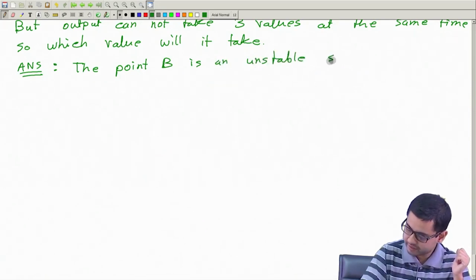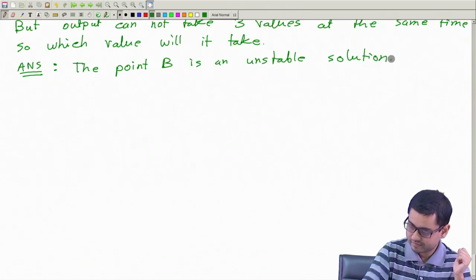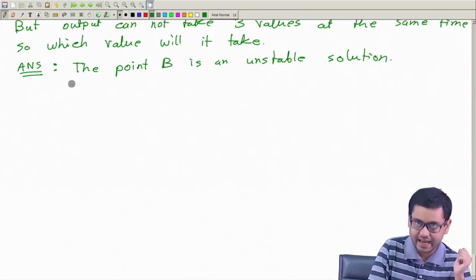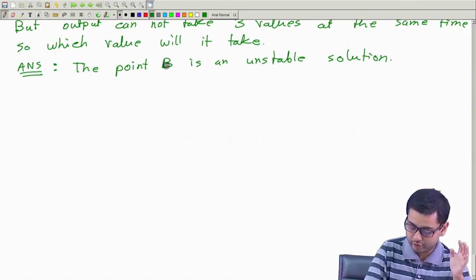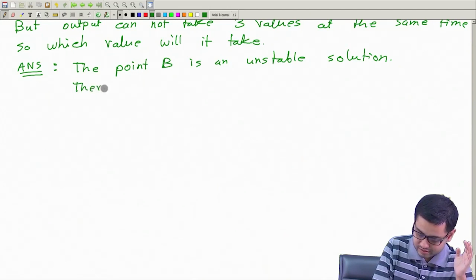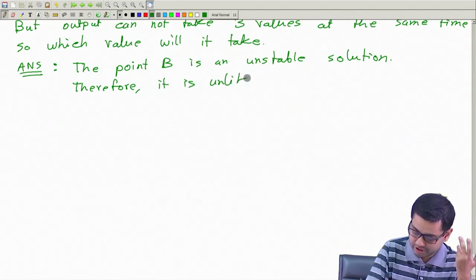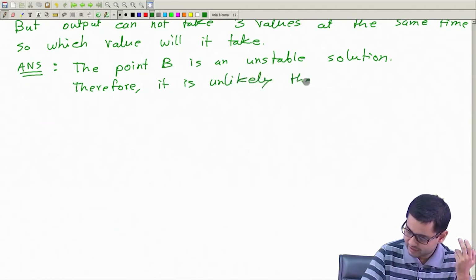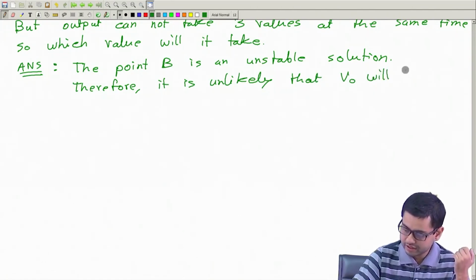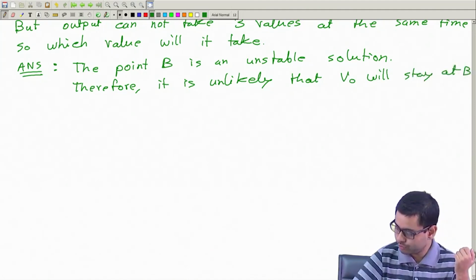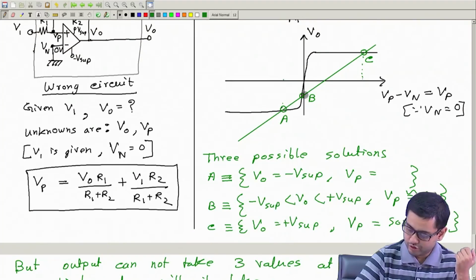Therefore, it is unlikely, almost impossible, that the output VO will stay at this value. So the output cannot take the value suggested by the solution B.